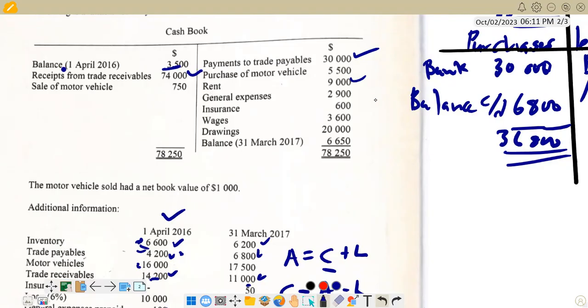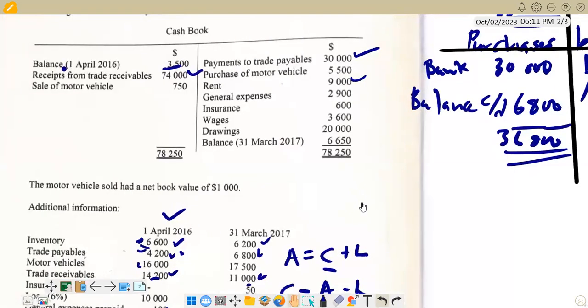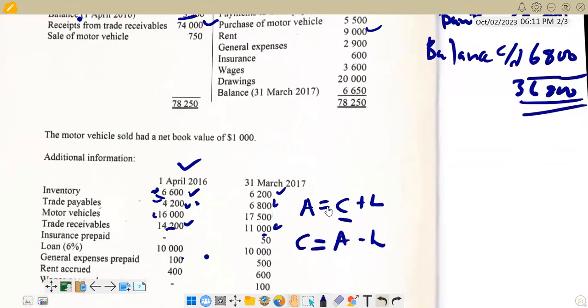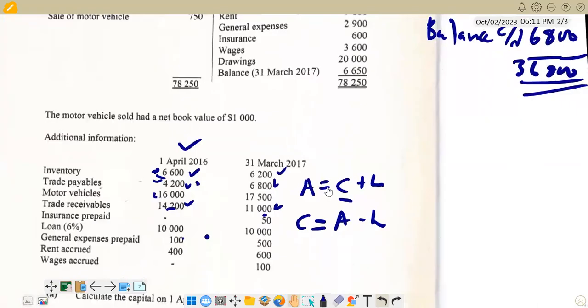You see. So we try to see there if we've got accruals or prepayments. That much we find it's in the list of balances that we have there. If we have an accrual or prepayment at the beginning or end of the year, you see rent is there, we have it here. We've got rent accrued at the beginning and at the end.